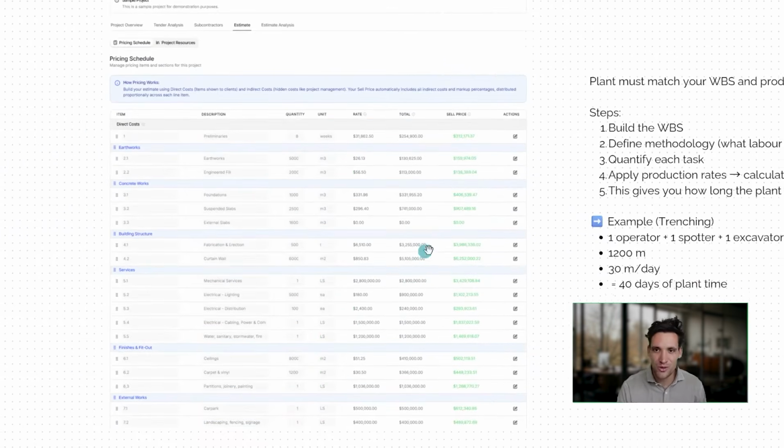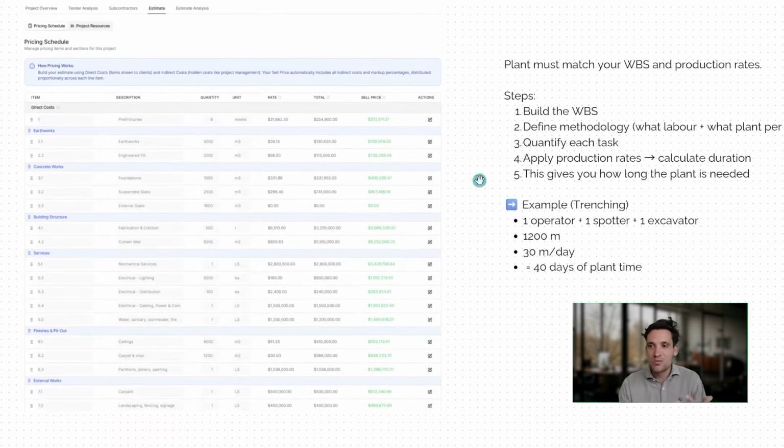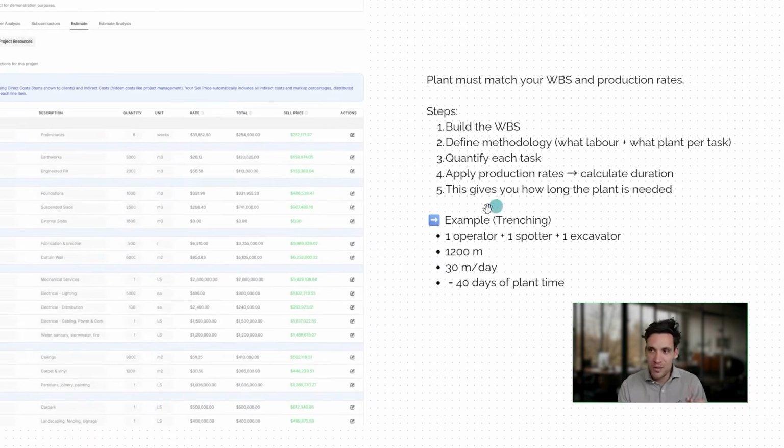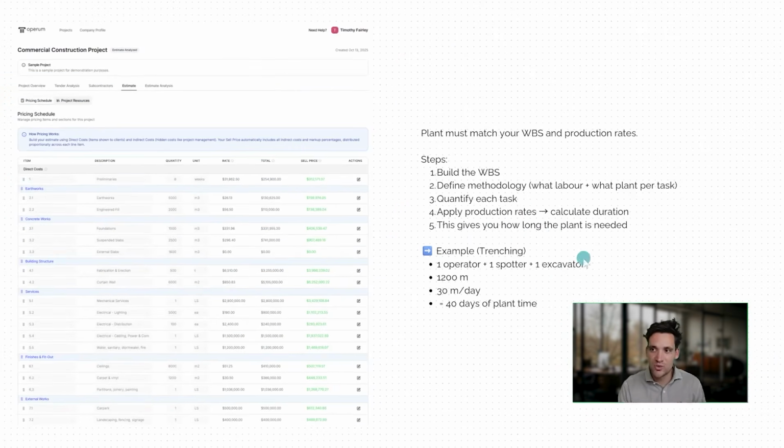It's the same approach we use for any estimate: we break down the project scope into different packages. We work out the methodology, so what labor and plant we require. We quantify each task. We apply a production rate to calculate the duration, and this is going to give us how long the plant is needed, or how many productive hours we need the plant.